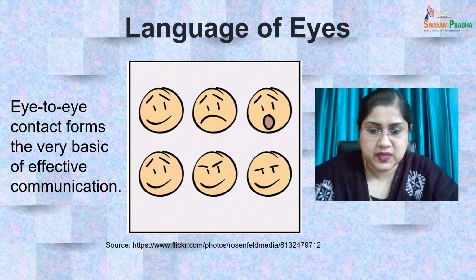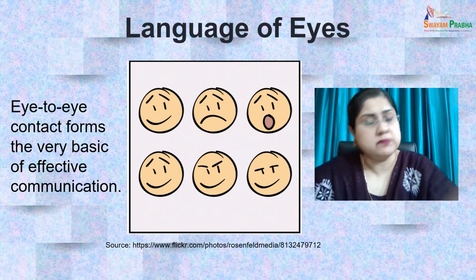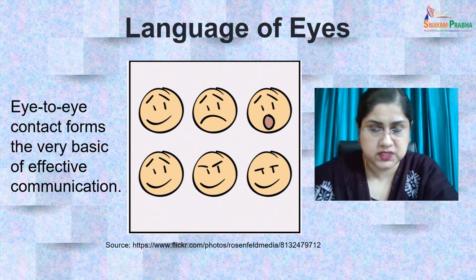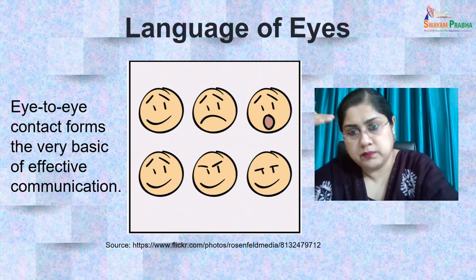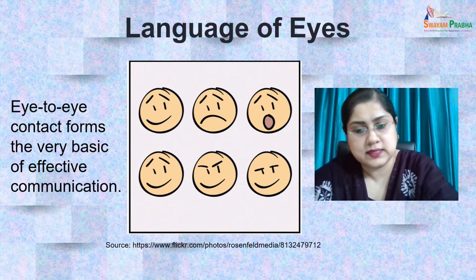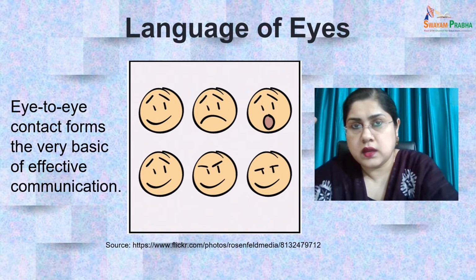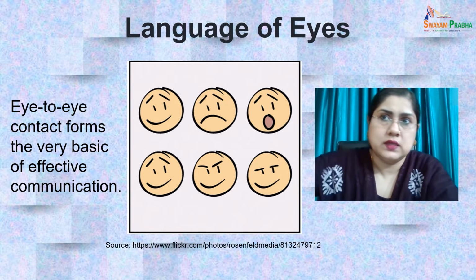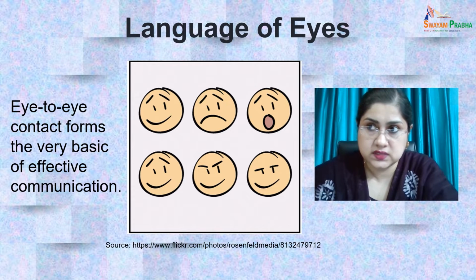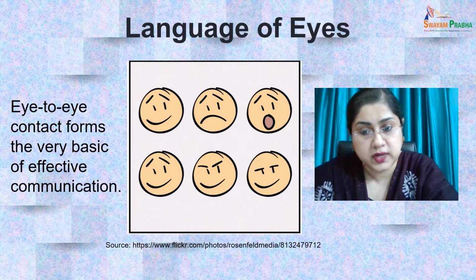Or maybe if you are in the middle of a very important conversation and you are thinking of something else, your mind is at some other place, at that particular time your eye movement is going to tell the person who is making the conversation that you are not listening to him or her.